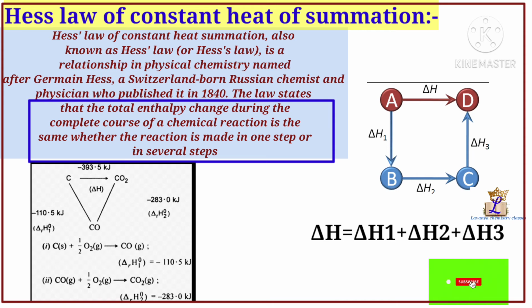In this reaction the enthalpy change is minus 283.02 kilojoules. So the total change in enthalpy is minus 110.5 plus minus 283.02 equals minus 393.52 kilojoules. Once again I repeat this.